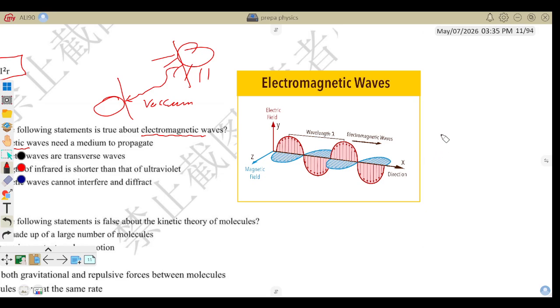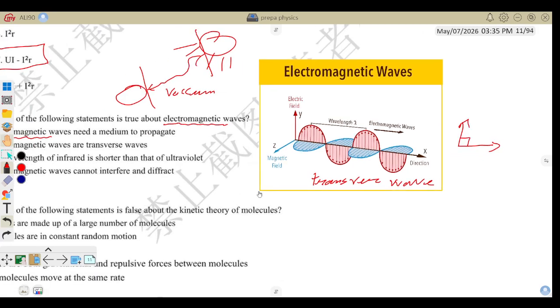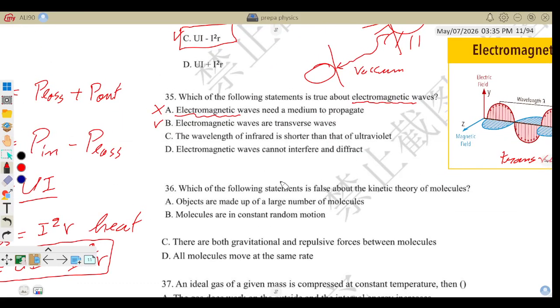So the angle is 90 degrees between the propagation and the displacement of the amplitude of each one. That's what makes it a transverse wave. This is actually the definition.